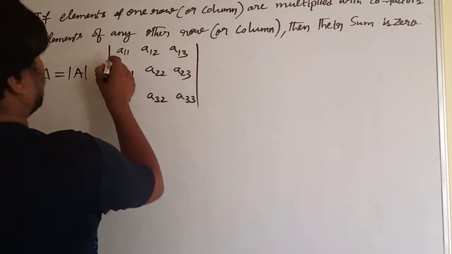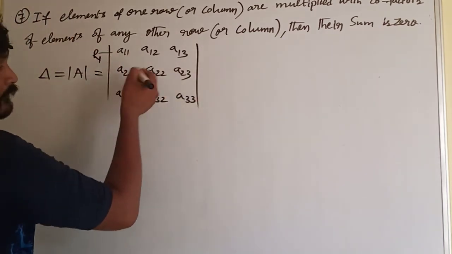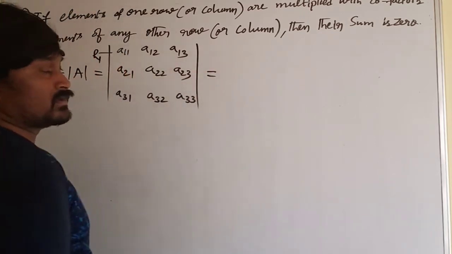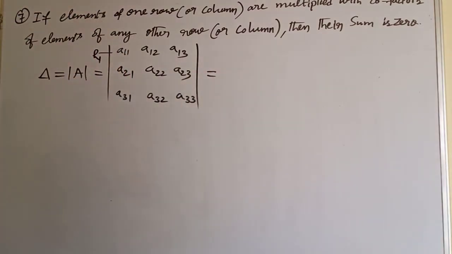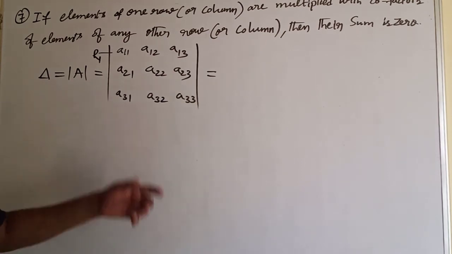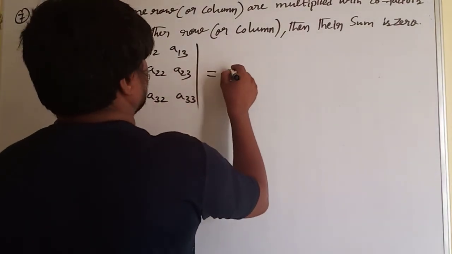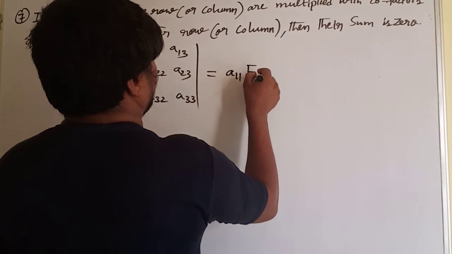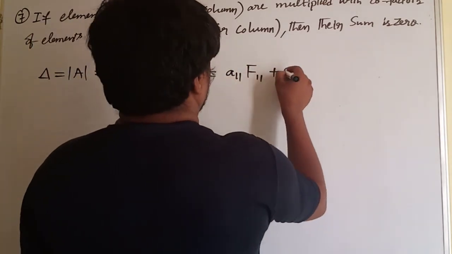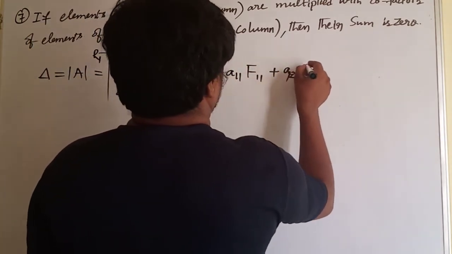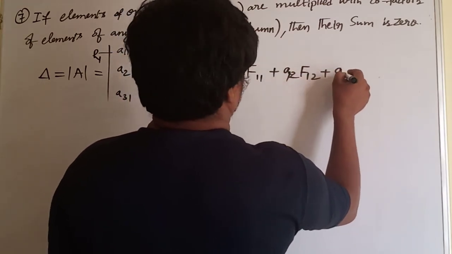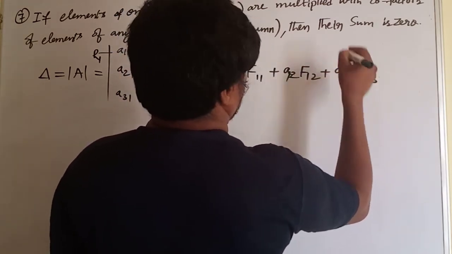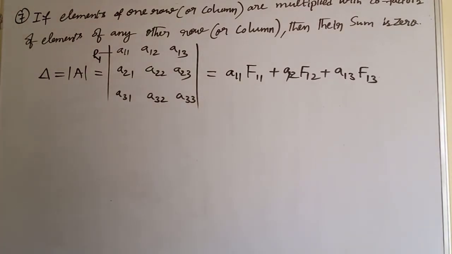For the first row, how to write your determinant with the cofactors, you already remember the formula: A11 F11 plus A12 F12 plus A13 F13. So in this way we have to find out what this value is.